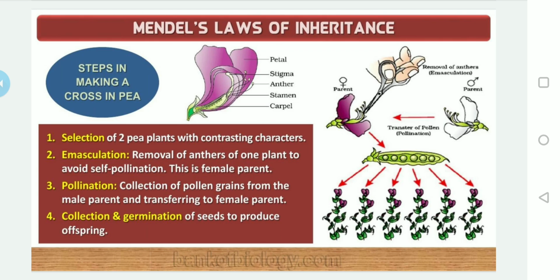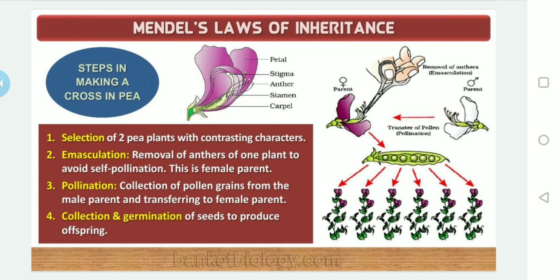Remember, emasculation should be done before anthesis, before the reproductive structure matures. That will be considered the female parent. The plant whose pollen grains you collect will be considered the male parent.